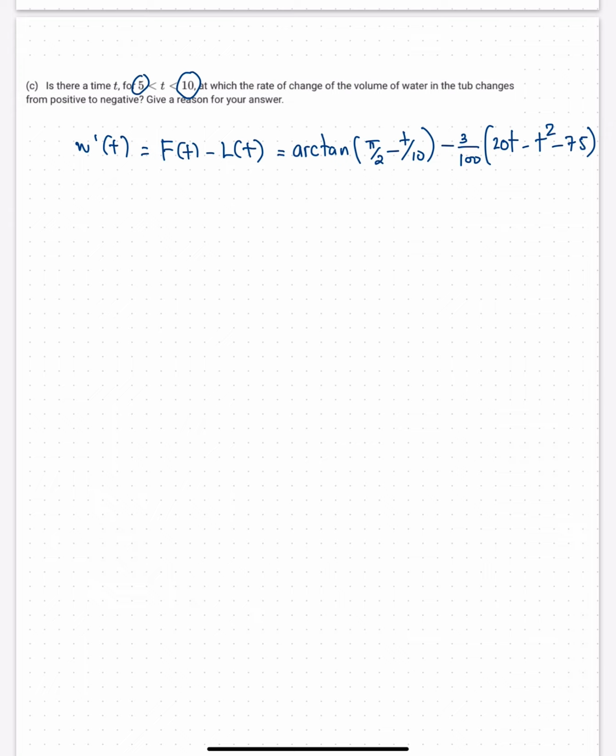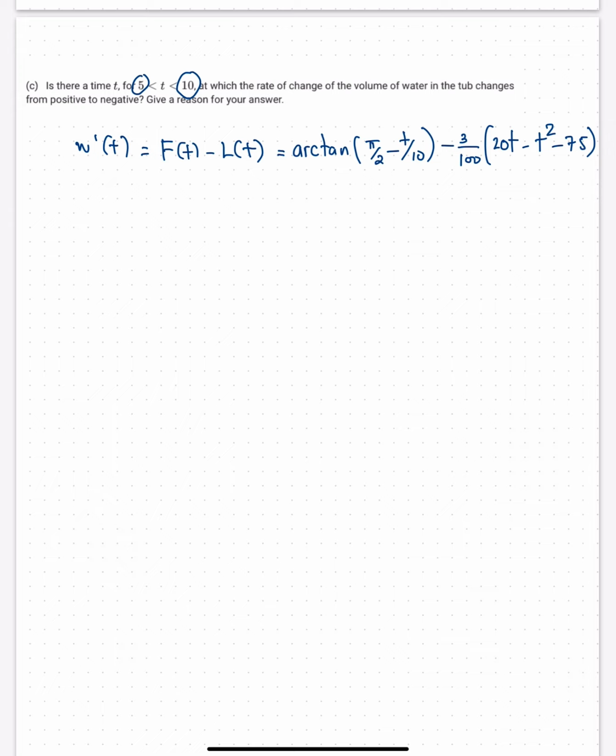So there are two methods that you can do. First, you can make a graph of this function. If you make a graph of this function, you will get t equal 5 point something. But if you don't do this method, you can just use the Intermediate Value Theorem.